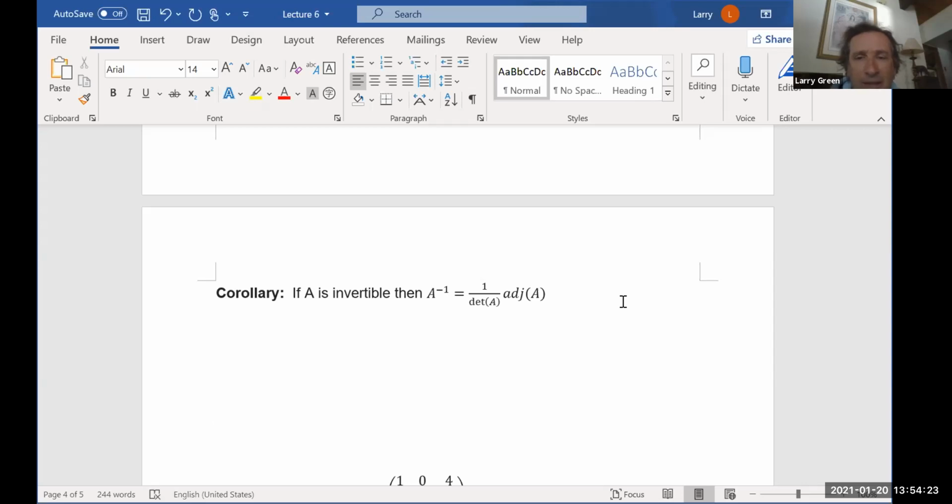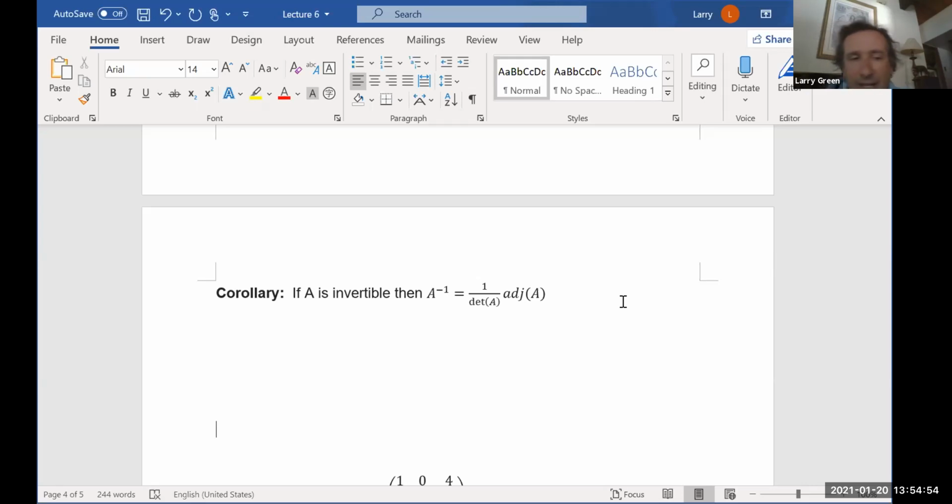So what this does is this gives us a third way of finding the inverse of a matrix. And depending on what you're doing, sometimes the first way is the easiest, sometimes the second way, sometimes the third way is the easiest. So this gives us another way of finding the inverse. Inverses are very important. For example, if you ever want to solve a system of equations, you need the inverse to solve it with the matrix way. And that's how we can do it.